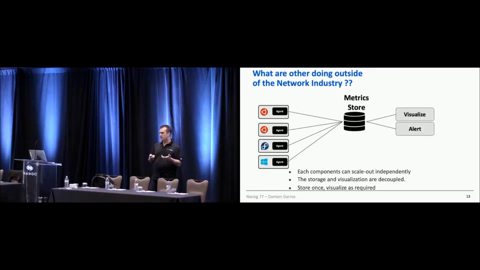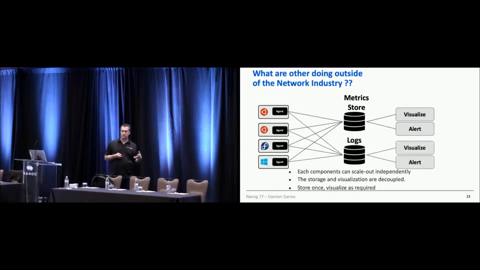Then you'll have a data store, and another decoupled system used to visualize or to do the alerting. We're also seeing multiple data stores based on the type of data we want to collect and visualize. We're at this point because the types of data are so specific that we have very specialized data stores today.